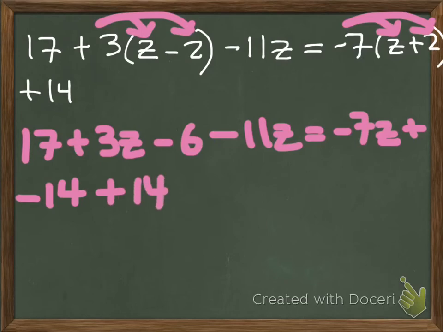So we want to look on either side first to see if we can combine terms, which we can. So on the side with the negative 7z, we can combine negative 14 plus 14, and that actually equals 0, so we don't need to write anything there. We can just keep it as negative 7z.